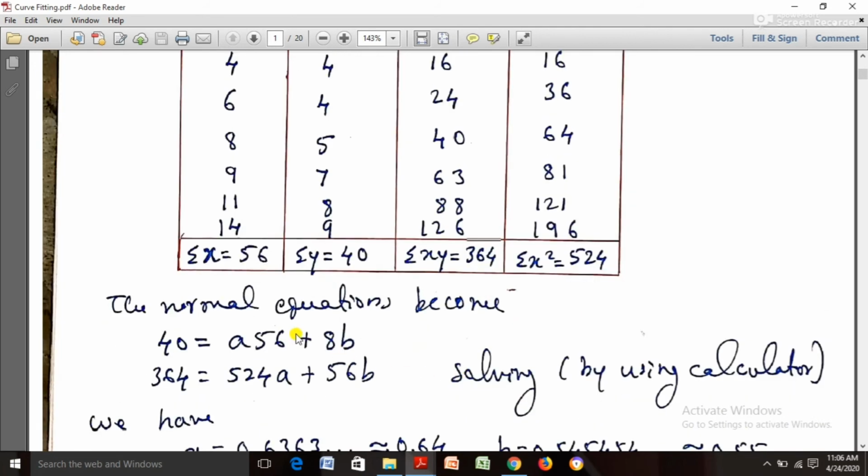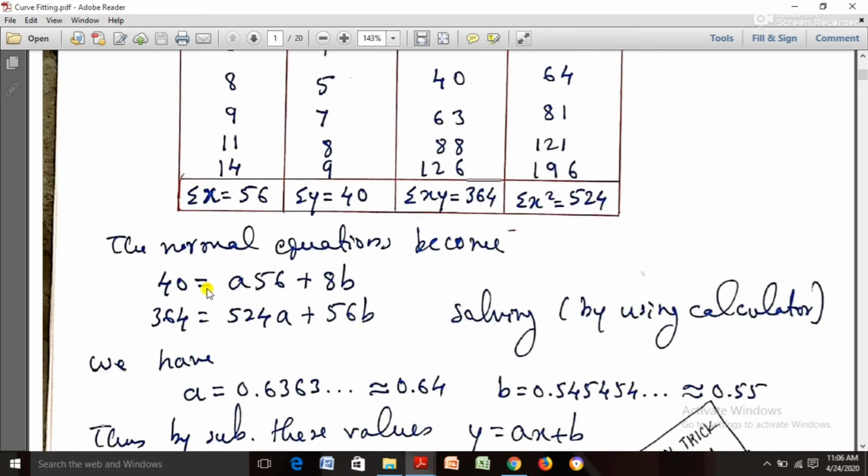Using these in the normal equations: Σy is 40, so 40 = a into Σx, which is 56, plus n into b, that is 8b. And Σxy, 364, equals Σx², 524, into a, plus Σx, 56, into b. So these are the equations.